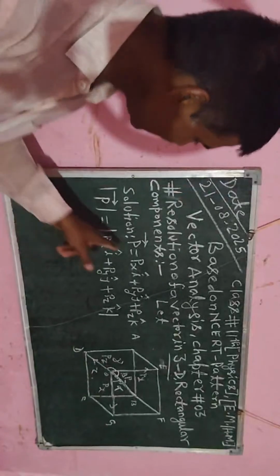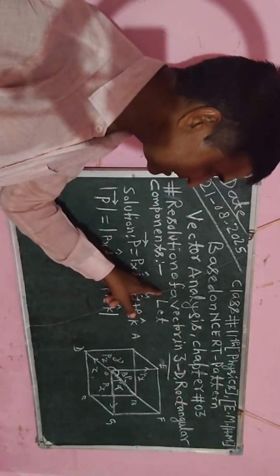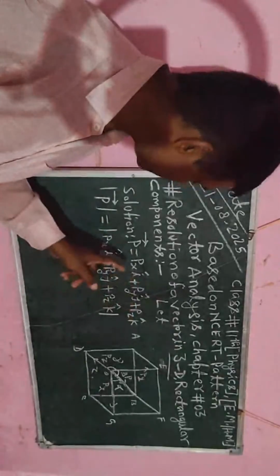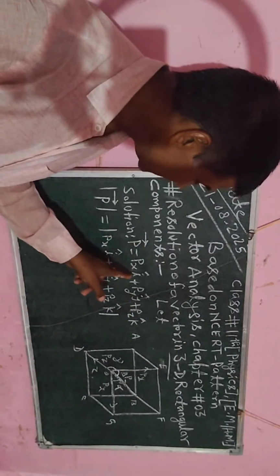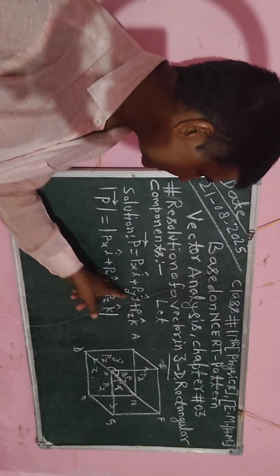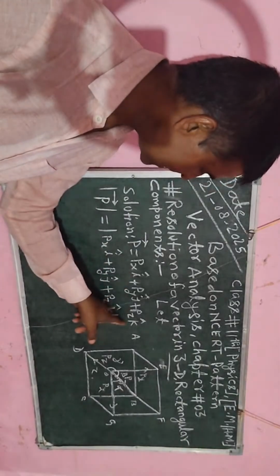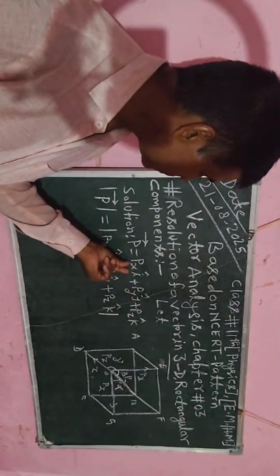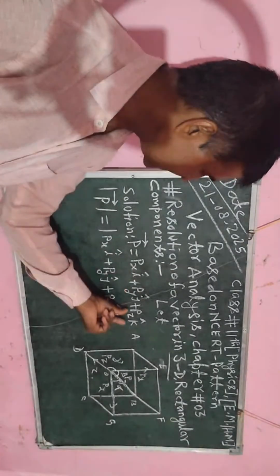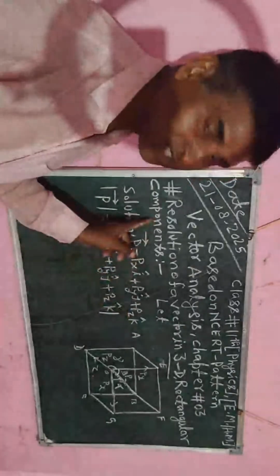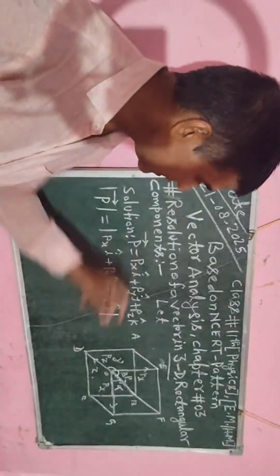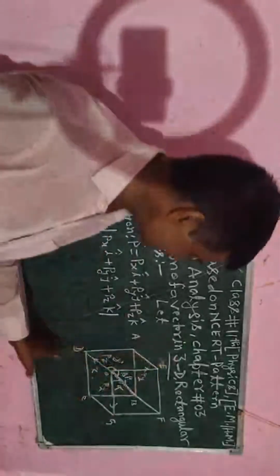Now here, I have supposed that vector p is equal to px vector i cap plus py vector j cap plus pz vector k cap, because this is one component, this is the second component, and this is the third component. So we have to find all the components along the x-axis, y-axis, and z-axis.